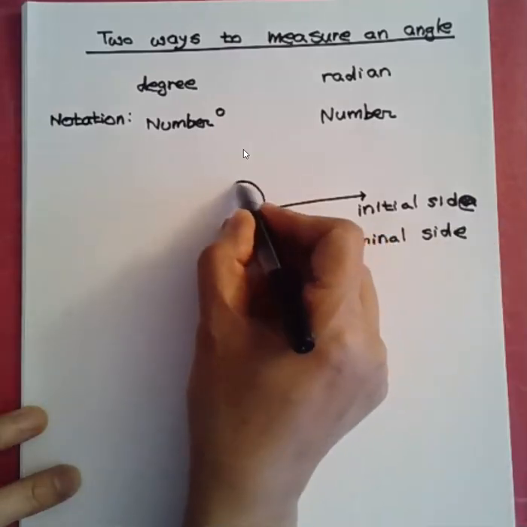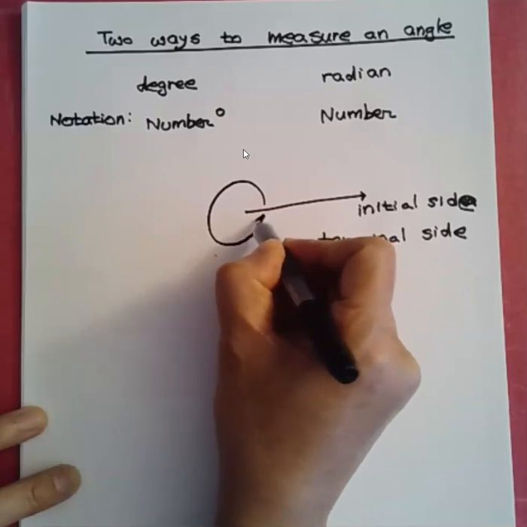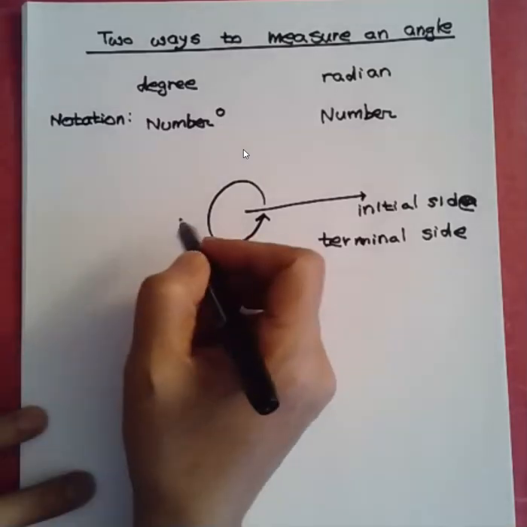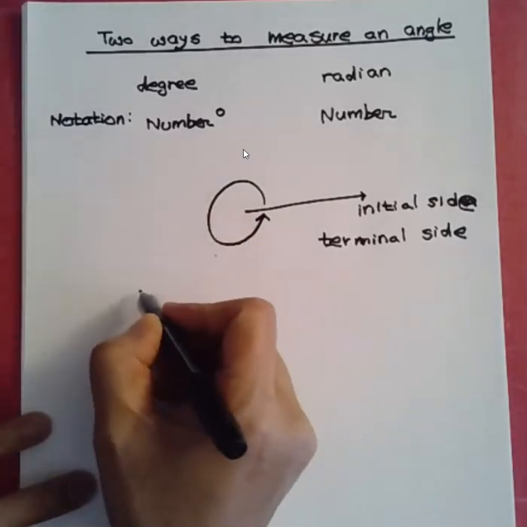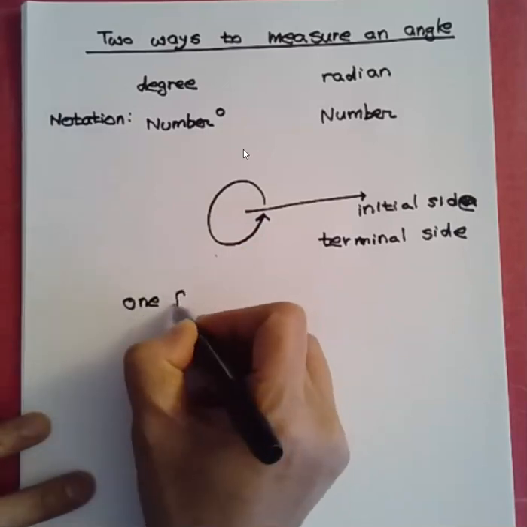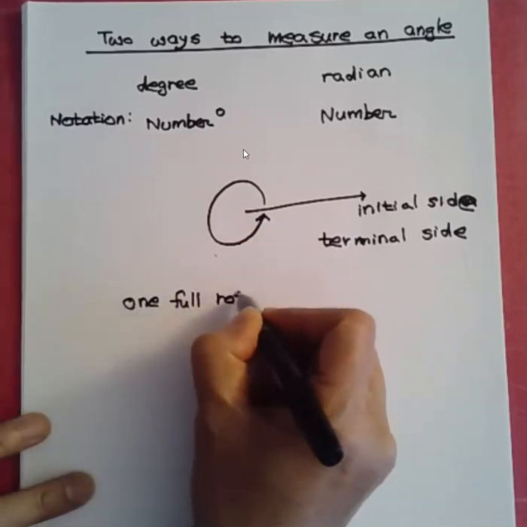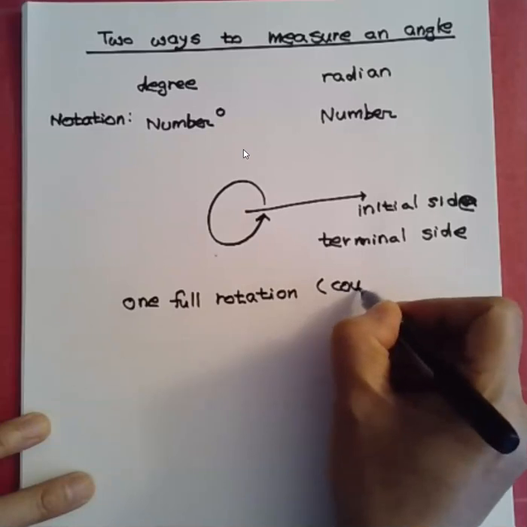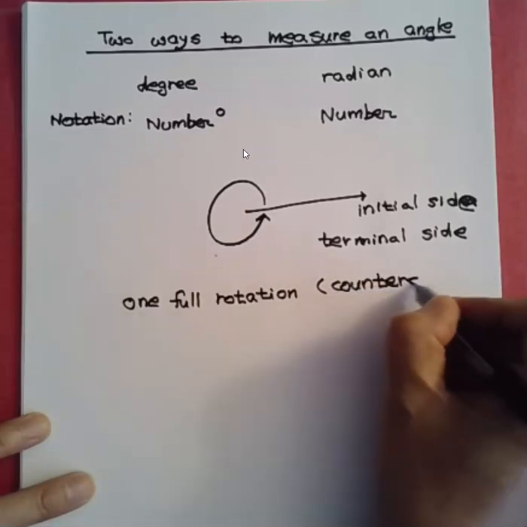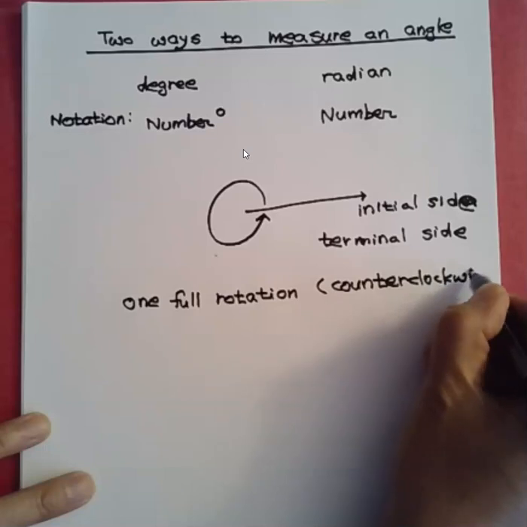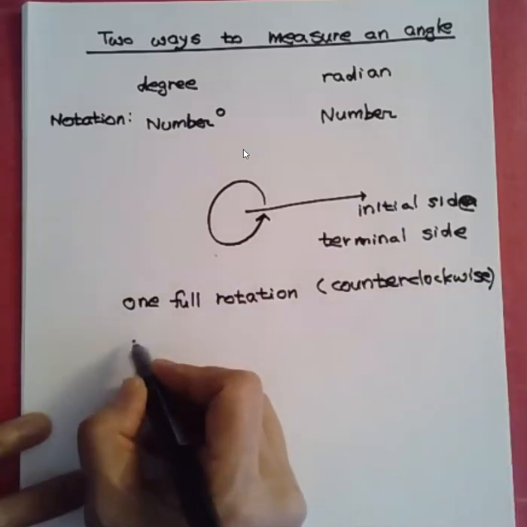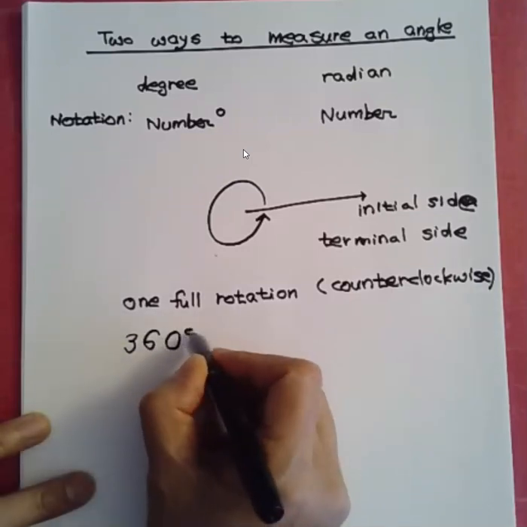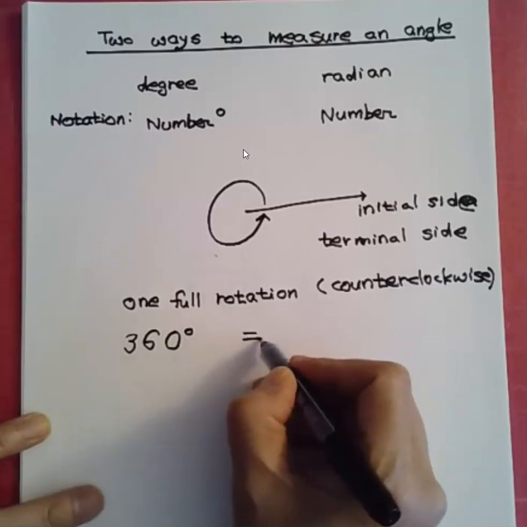Because we rotate the initial side counterclockwise and we made one full rotation, we say that is 360 degrees in degree measure.